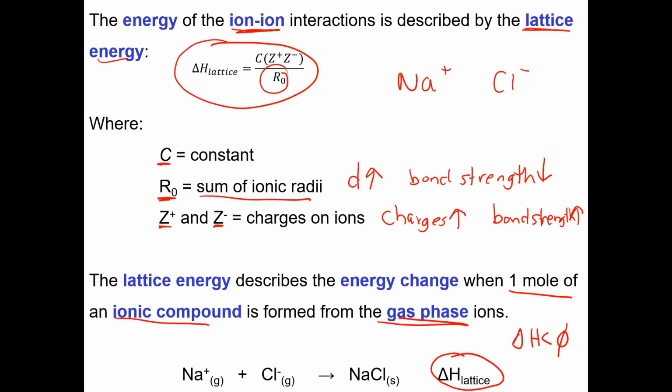The general rule is big charges give strong ionic bonds. So a +2 ion interacting with a -2 ion is going to be a stronger bond than a +2 ion interacting with a -1 ion. And the next thing is the sum of the ionic radii. As that gets bigger, the bond strength gets weaker because the further apart ions are, the more weakly they interact.